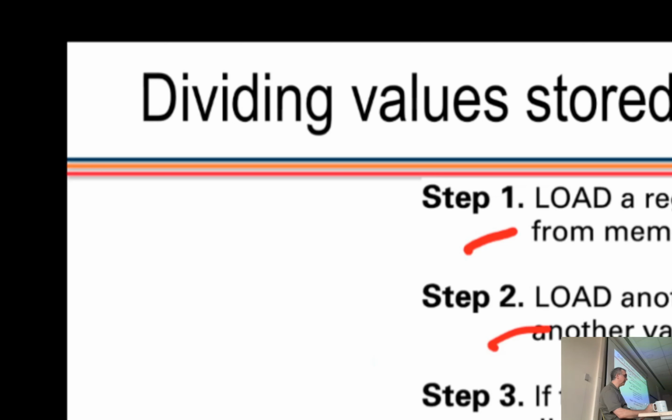If the second value is 0, it can't be divided. Otherwise, make a division and store the register back. So there is some if condition here.